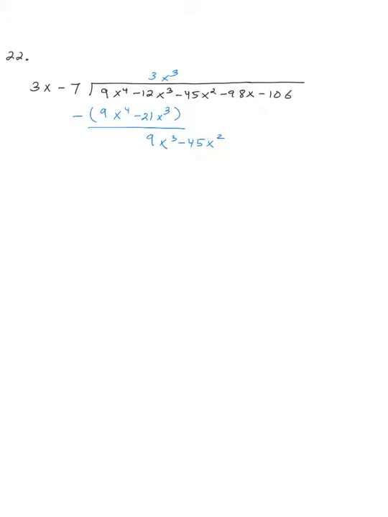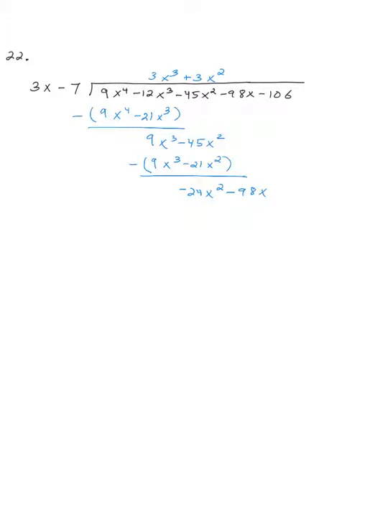So I now need to multiply by a 3x squared, which gives me 9x cubed, again, minus 21x squared. And this is really negative 45 plus 21, which is negative 24x squared, and I'll bring down the negative 98x.